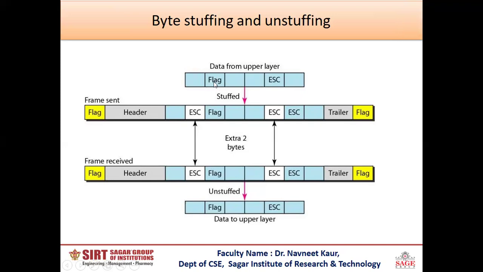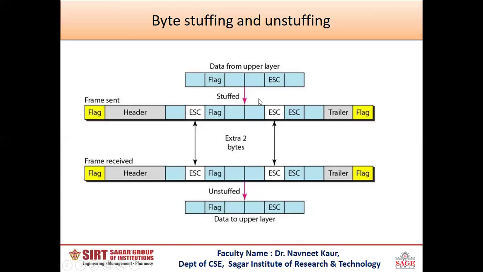To avoid this problem, one extra byte, which is called the ESC byte, is added before the flag byte. If the receiver encounters this escape byte, then it automatically interprets that the next byte, the flag byte, does not represent the end or beginning of the frame, but is only a part of the useful information, that is the data.